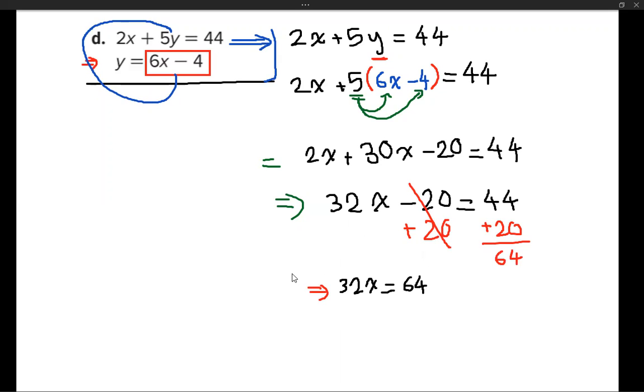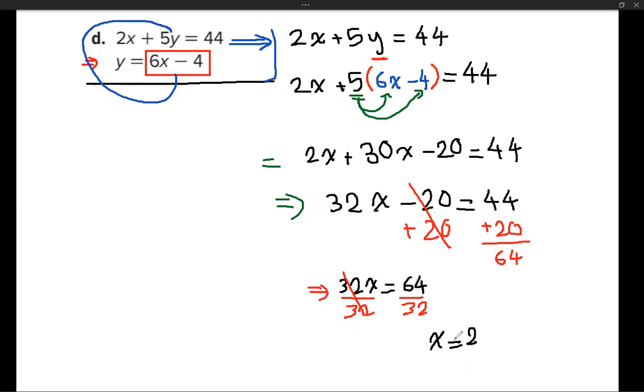We can divide both sides of the equation by the factor with x, and get how much? 64 divided by 32 is 2. So we got x equals 2.